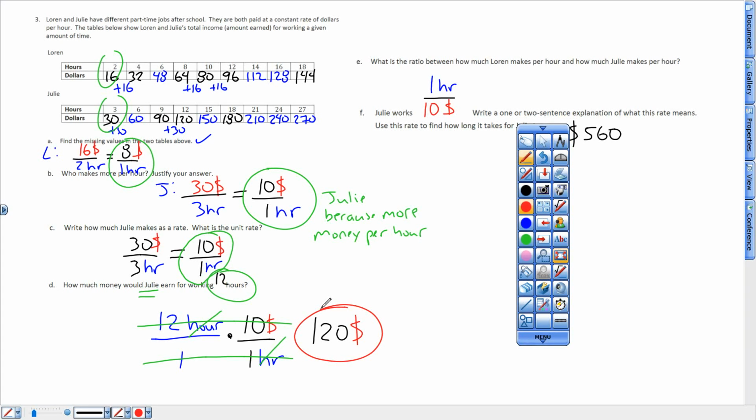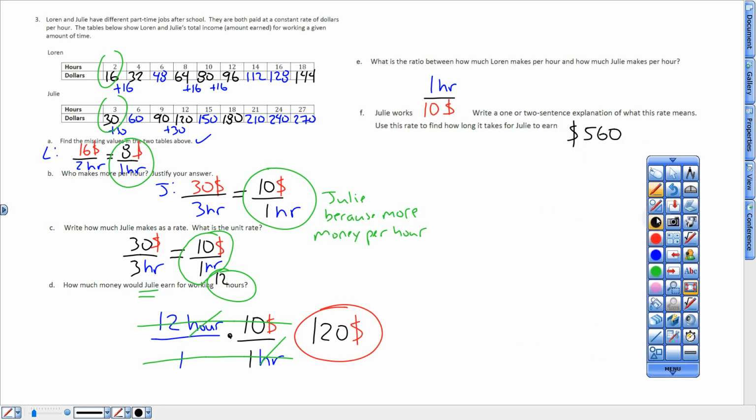All right, this next one a little harder because it has you get money. But the one before it, though, careful. It says compare Lauren's per hour to Julie. And the numbers we're using, you're using the unit rate numbers. Don't use the original. So Lauren, she's making $8, so use that number 8 because she's making $8 per hour compared to Julie, who's making 10.